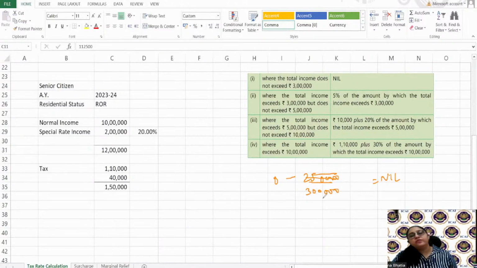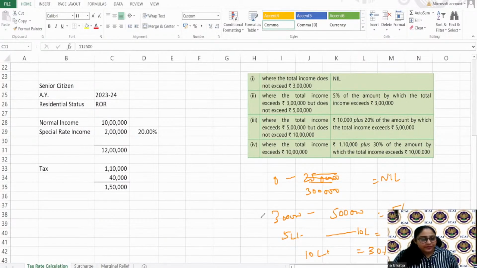So in short 50,000 ka और benefit दे दिया income पे. 3 lakh से ऊपर up to 5 lakh same slab goes 5%. 5 lakh के ऊपर up to 10 lakh 20%. And 10 lakh plus pay 30%. So the slab rates are same, but the basic exemption limit has been increased to 3 lakh.